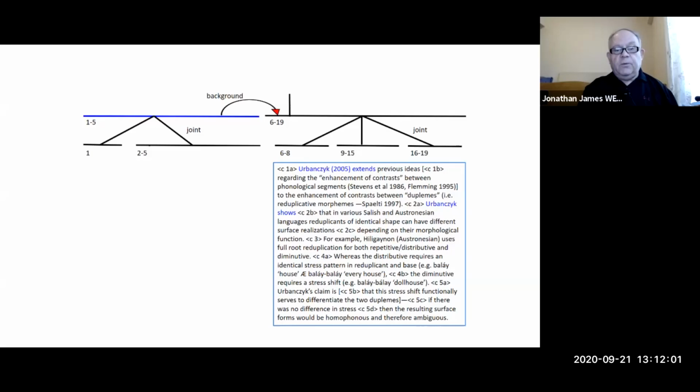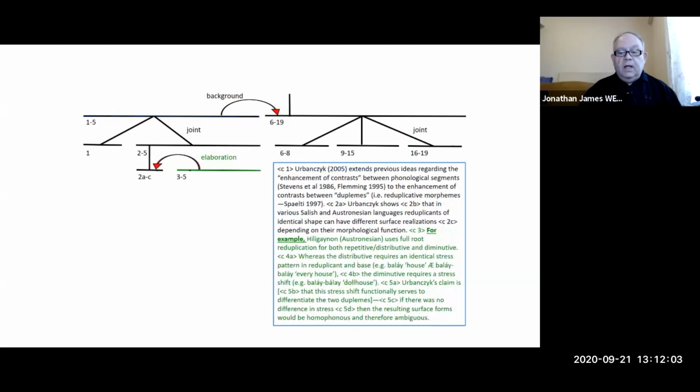I'm going to continue. Now, remember I said to you, you have those textual themes along the way. What is their purpose? Their purpose is to signal to you how this text is being presented.